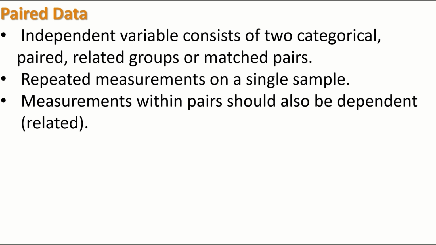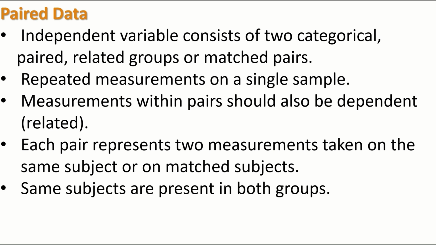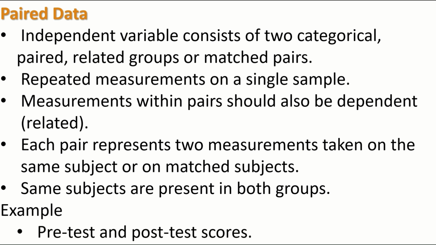So measurements within the pair should be dependent, i.e. related, and each pair represents 2 measurements taken on the same subject or on matched subjects, so that the same subjects are present in both groups. Example, those who participate in a pre-test and post-test, the same individual measured before the test and after the test.